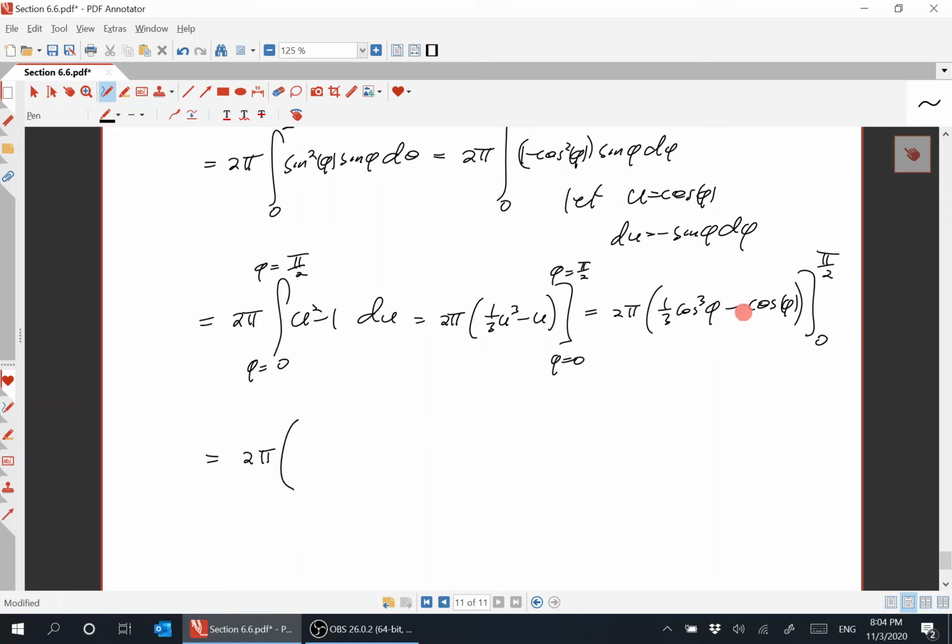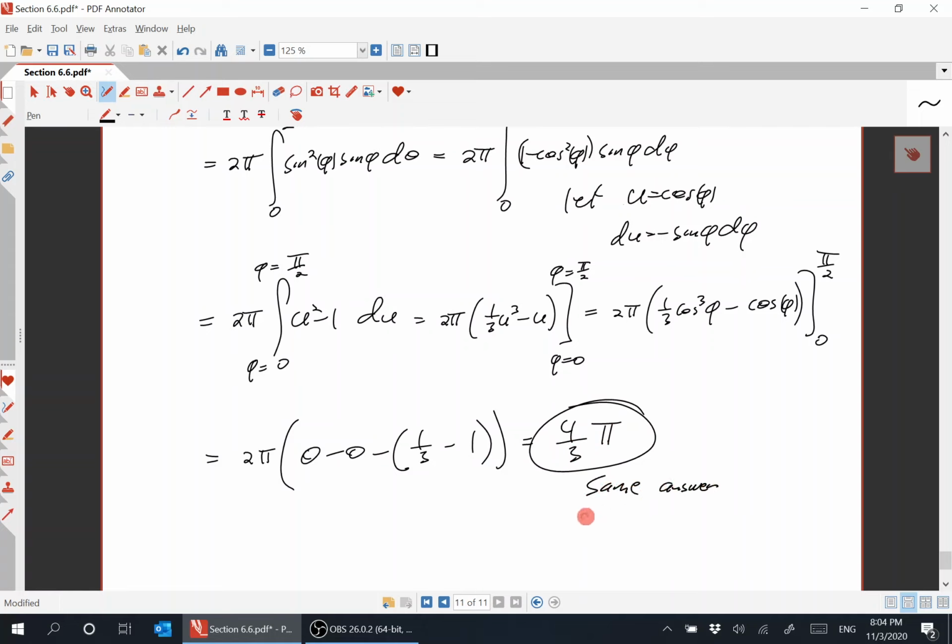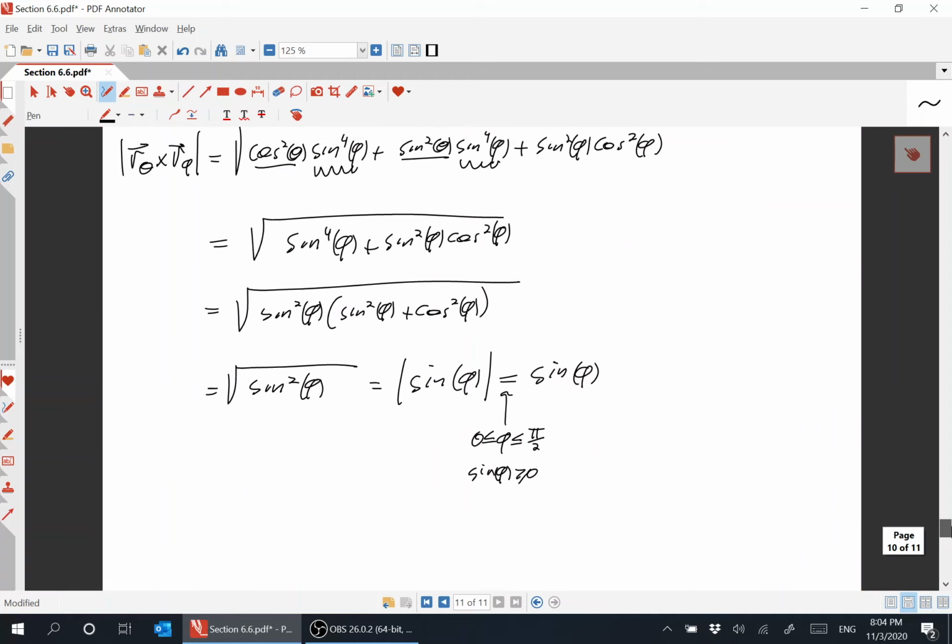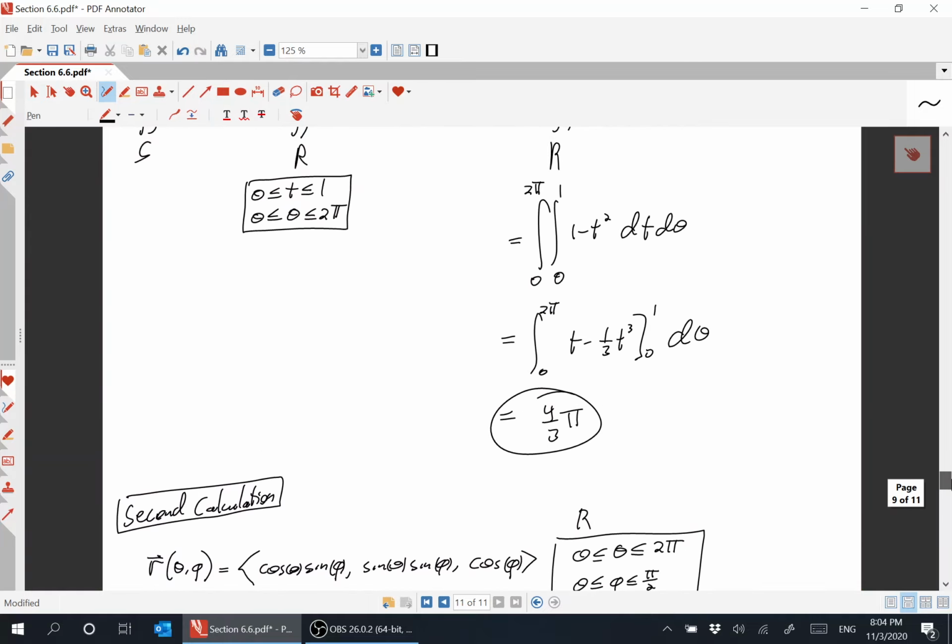So now this is 0 minus 0, and then here it's 1/3 minus 1, minus 2/3, negated, 4/3 pi. Same answer as before. 4/3 pi here, and then using that other parameterization, we still had 4/3 pi.